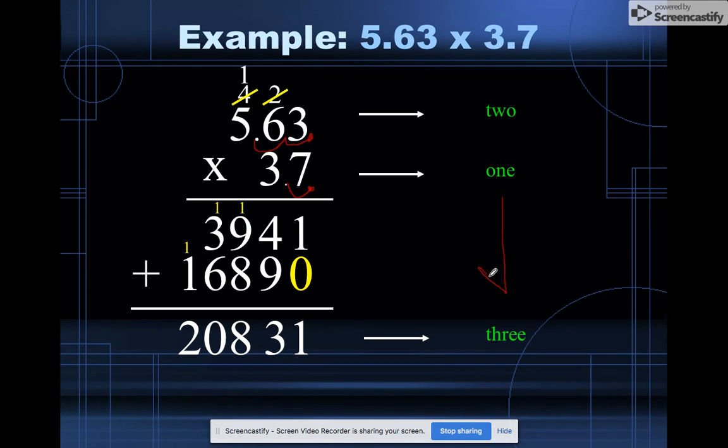I can even draw a little arrow like that. So that's how many place values over we are going to count and sort of move our decimal. We have 1, 2, 3. And our decimal should go here, giving us the number 20 and 831 thousandths. And that's where our decimal goes. I even made a little green dot in my PowerPoint that's been covered up.